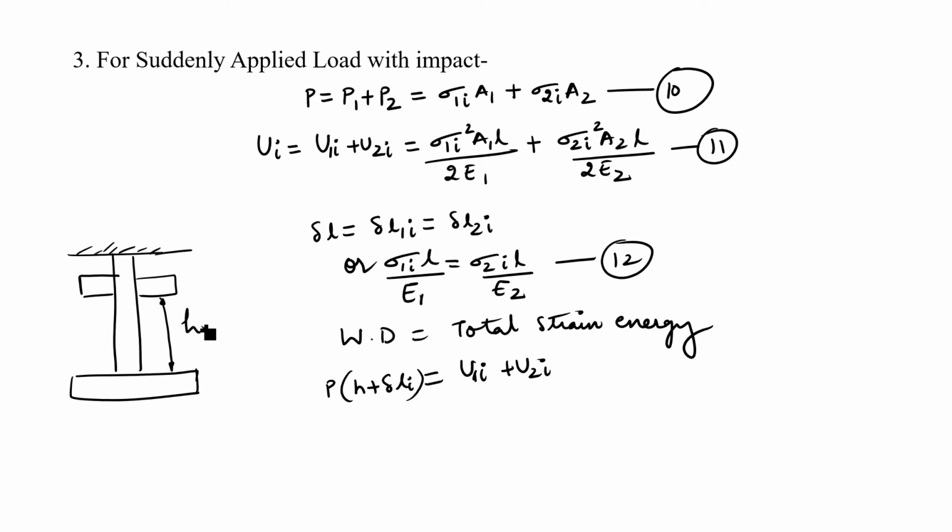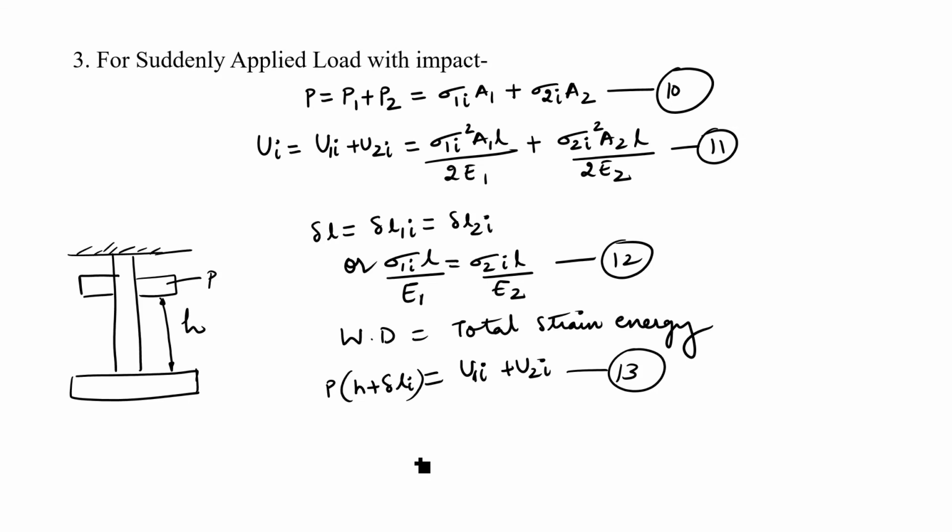The distance is h. So delta Li is the strain, but you also need to add this h over here, which is the height from which your load falls on the body. So say the load over here is P. That is the same load which I am marking here. So you can write here, this is equation number 13. This will be useful for solving your numericals again.